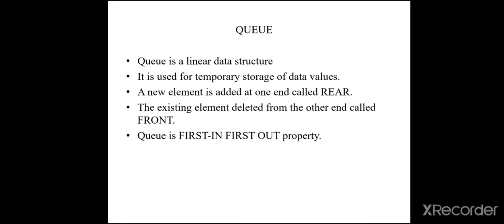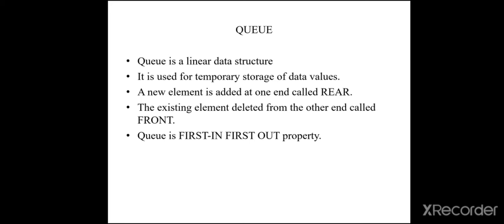A queue is a linear data structure in which the insertion and deletion operations are performed at two different ends. In a queue data structure, adding and removing elements are performed at two different positions. The insertion is performed at one end and deletion is performed at another end.